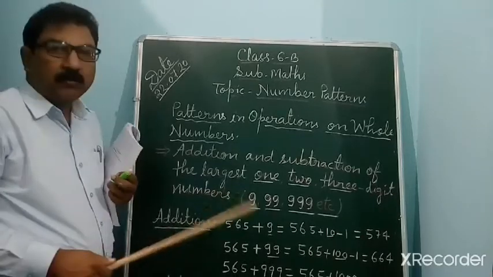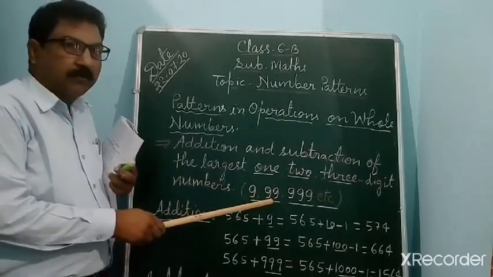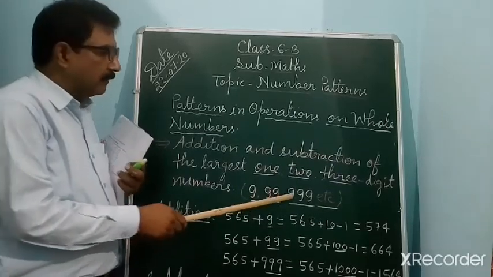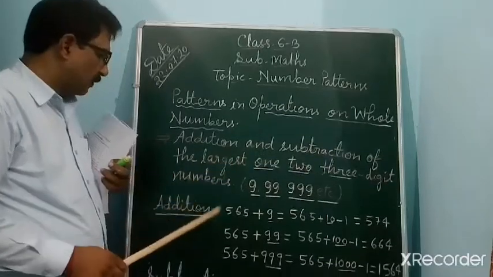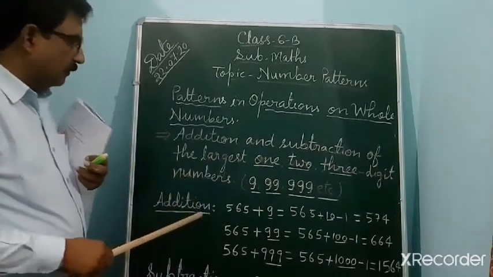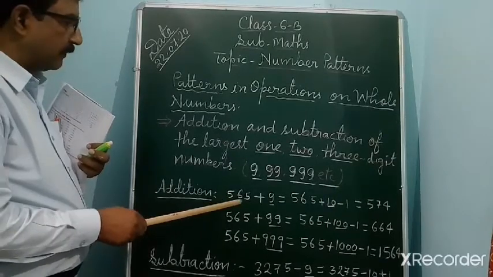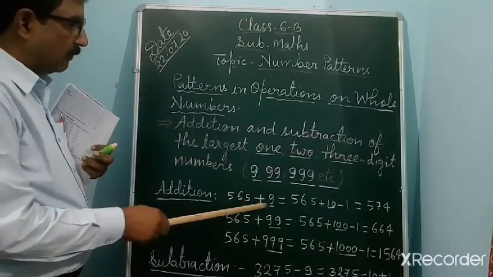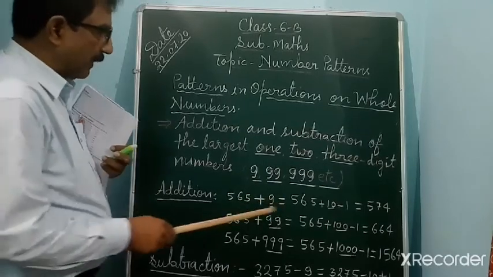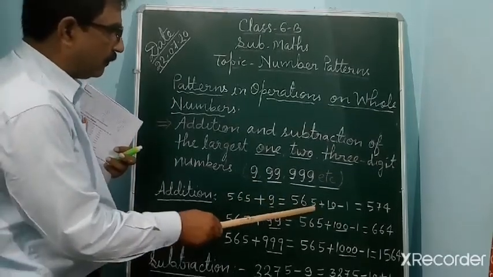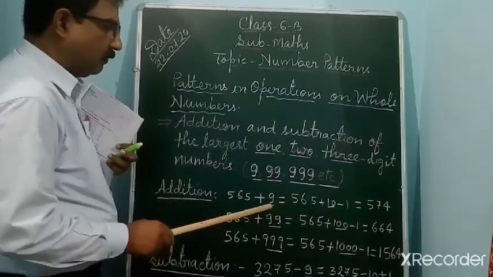As you know, the largest 1 digit number is 9, the largest 2 digit number is 99, the largest 3 digit number is 999, and onwards you can take. As an addition pattern, for example, if you take 565 plus 9, 9 is the largest number. So you can write 565 plus 10 minus 1. 10 minus 1 means the real value 9.